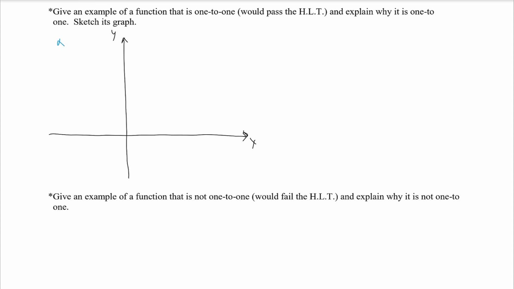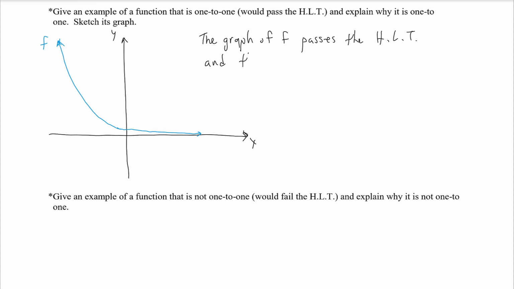So if you have exponential decay, the graph of f passes the horizontal line test, and therefore is a one-to-one function.